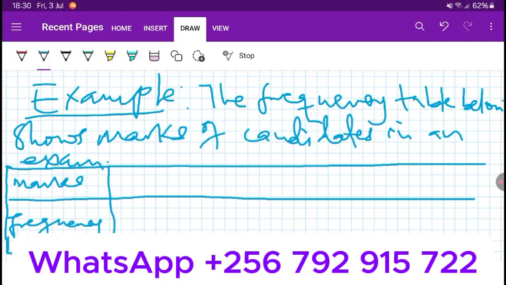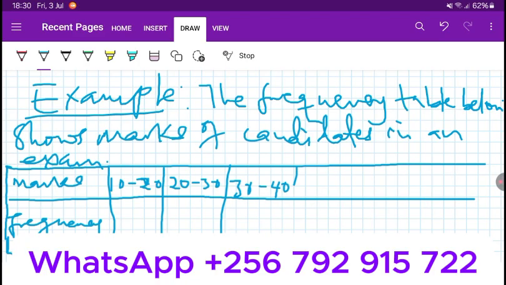The first one is 10 to 20, then 20 to 30, 30 to 40, 40 to 50, 50 to 60, 60 to 70. Maybe you can stop there.